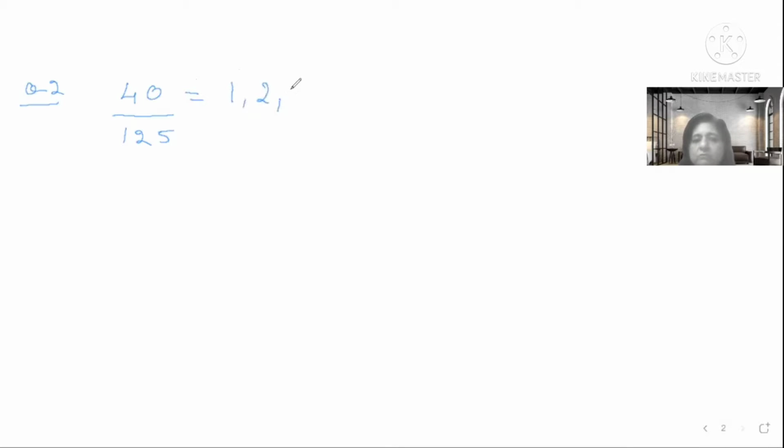So here we find out the list of factors. What is the list of factors of 40?